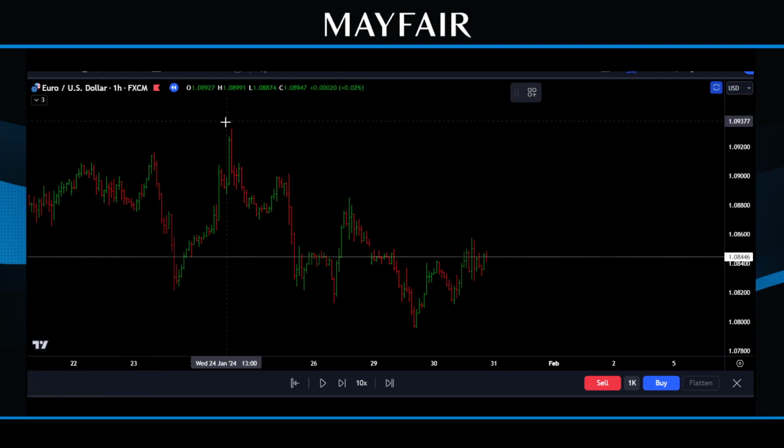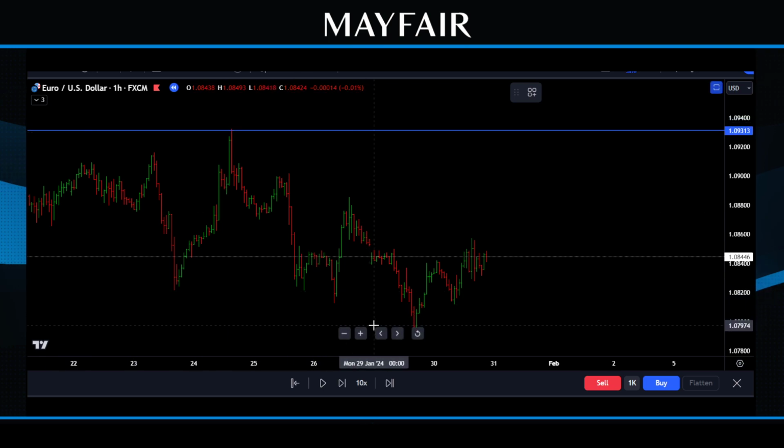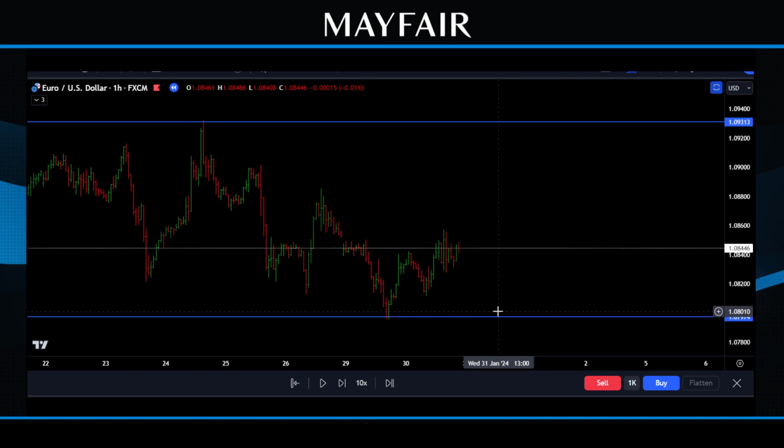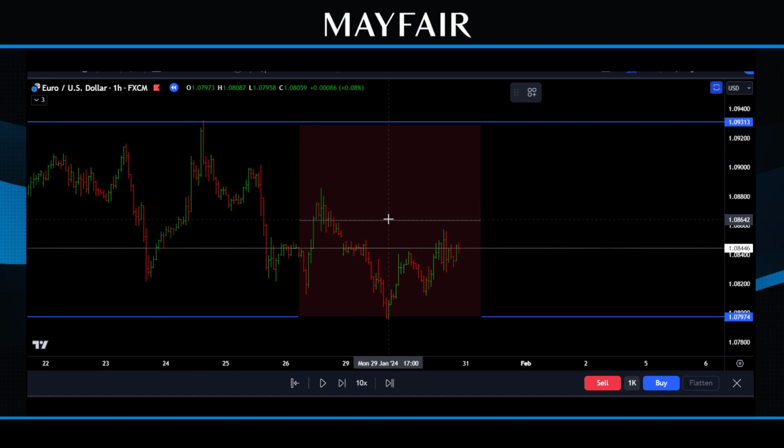What I'm going to do at this point is look at this high here and this low there. These are my two extremes that I can currently see on the chart. Inside that range, we've got a couple of things. If I was to measure, let's just say halfway for now, something like this.